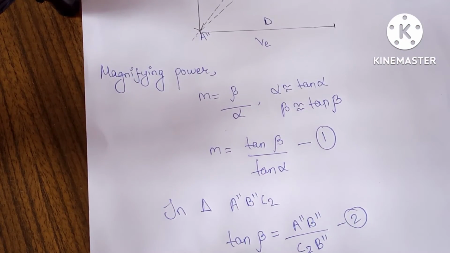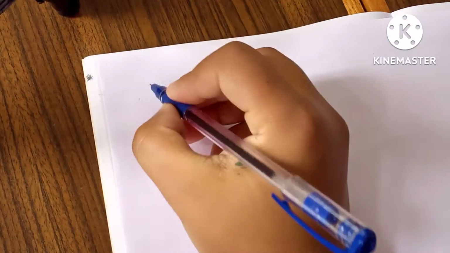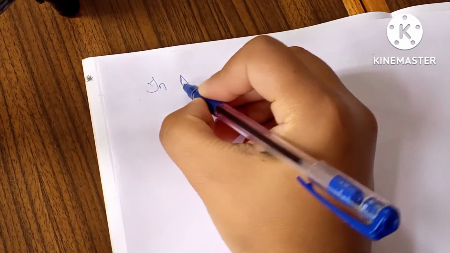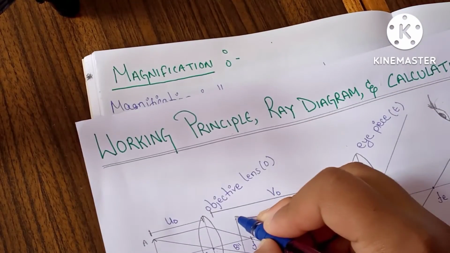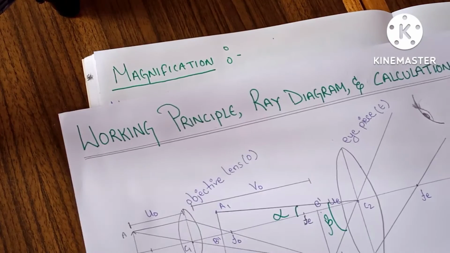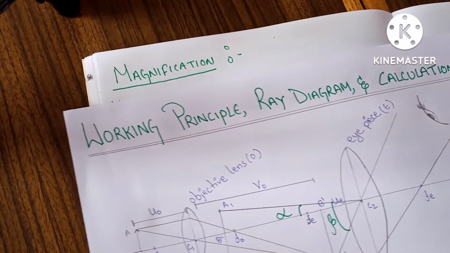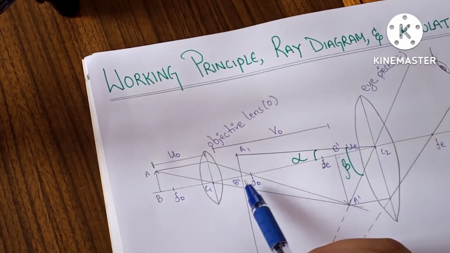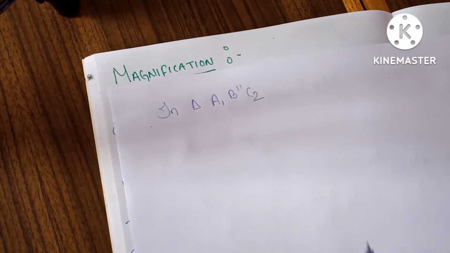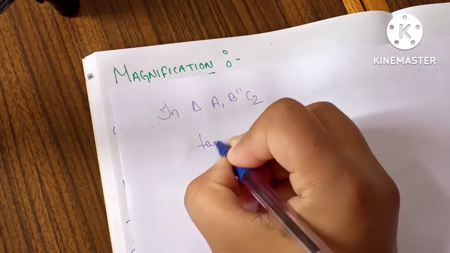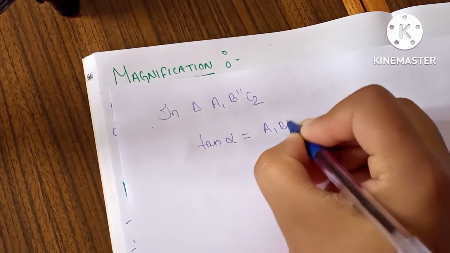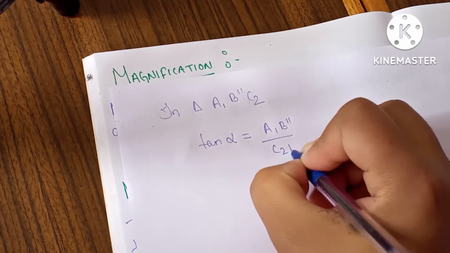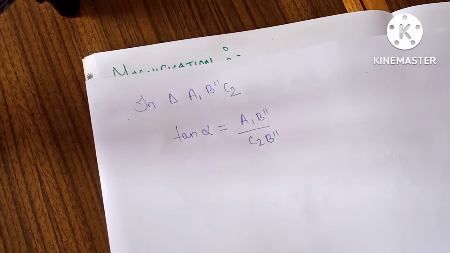Now in triangle A1 B double dash C2, this is the A1 point because this is the same as A, so we can write it as A1. Now calculate tan alpha. Tan alpha equals A1 B double dash by C2 B double dash, perpendicular by base.